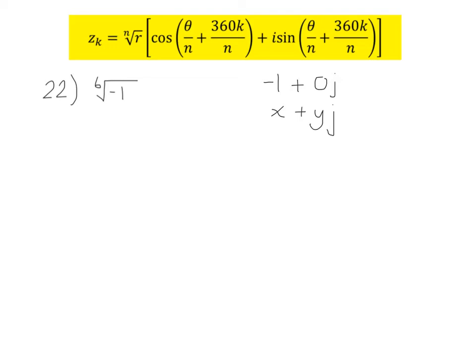So this is the number -1 plus 0j if we're writing this complex number in rectangular form. If we picture this on the complex plane, that means go left 1 unit and don't go up or down. So we're on the unit circle here at 180 degrees.